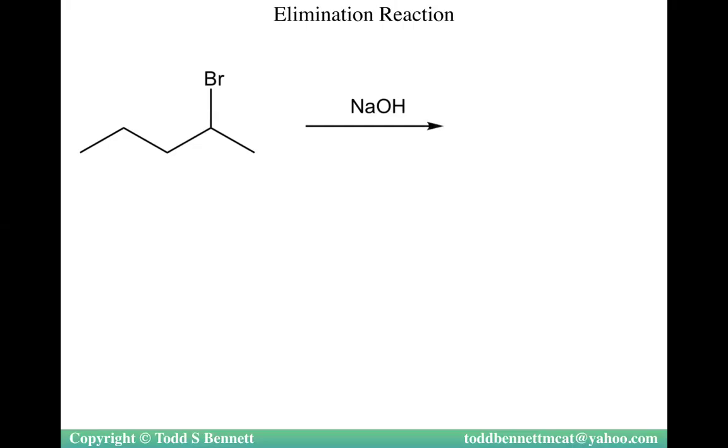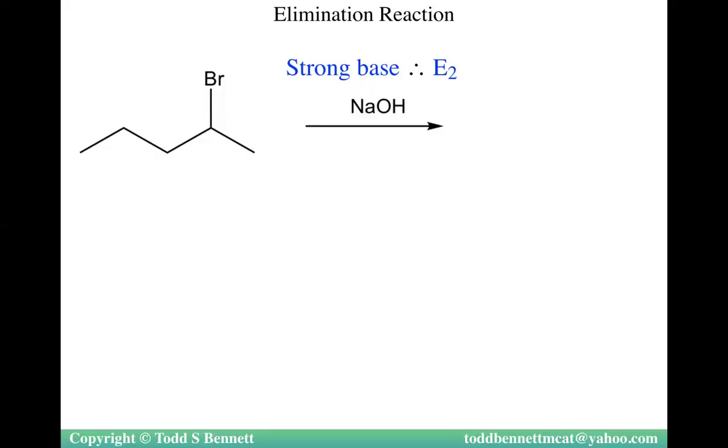We talked about substitution reactions where if you have some arrangement here and you have a secondary carbon, then OH can come in and kick out the Br. Well, we also mentioned at the start of that, I should say, that if the base is strong enough, it can actually take a proton. And so it is a very strong base. So we run the risk of what's known as an E2 elimination.